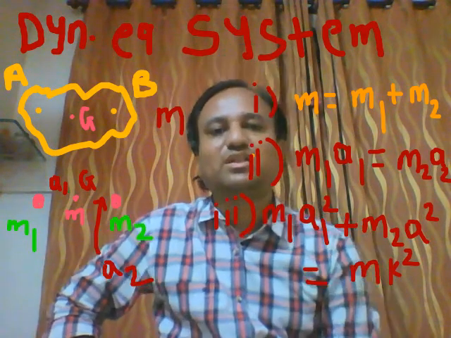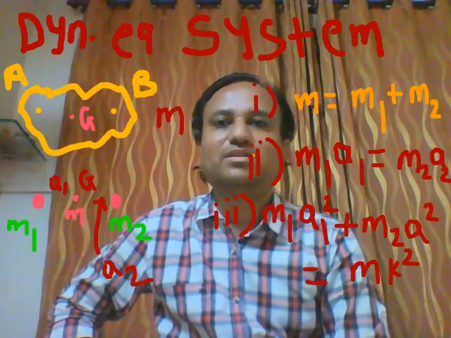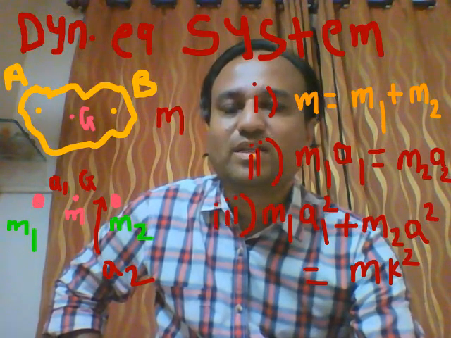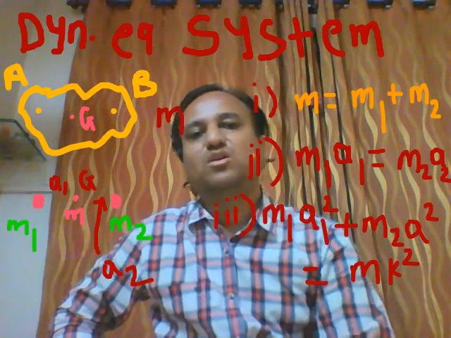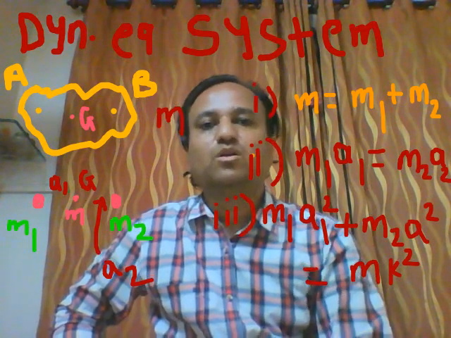If this third condition is satisfied, then we can say that we have converted this rigid body into a 2 point mass system.